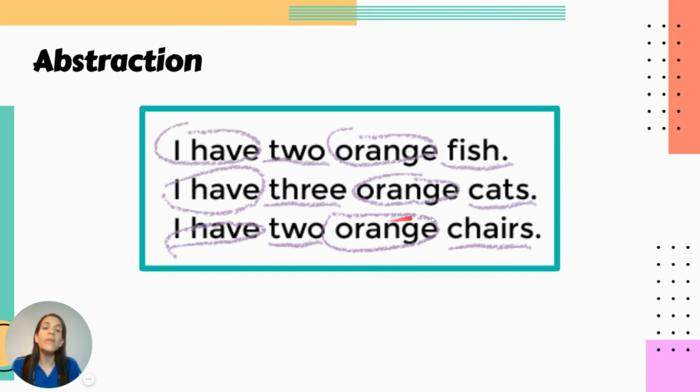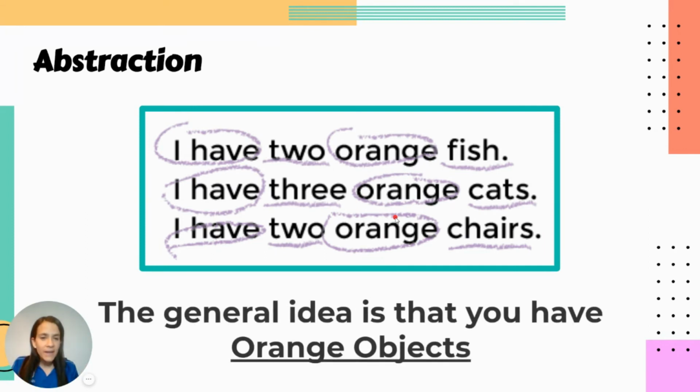I have 3 orange cats, and I have 2 orange chairs. So the idea that repeats in these 3 sentences is that I have an orange, right? So the general idea is that you have orange objects. As easy as that.